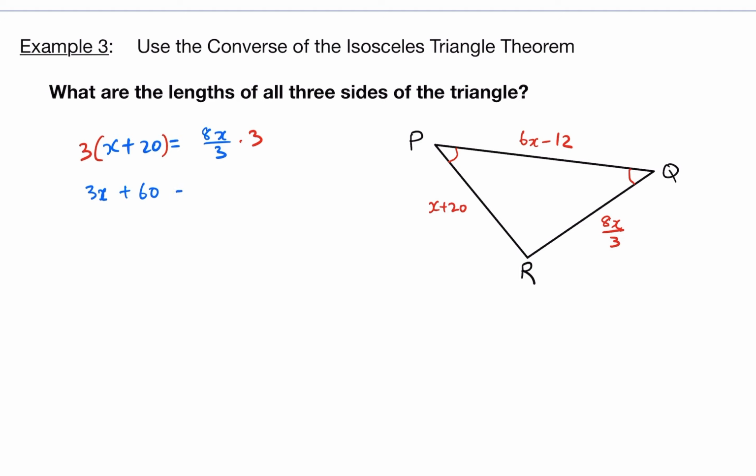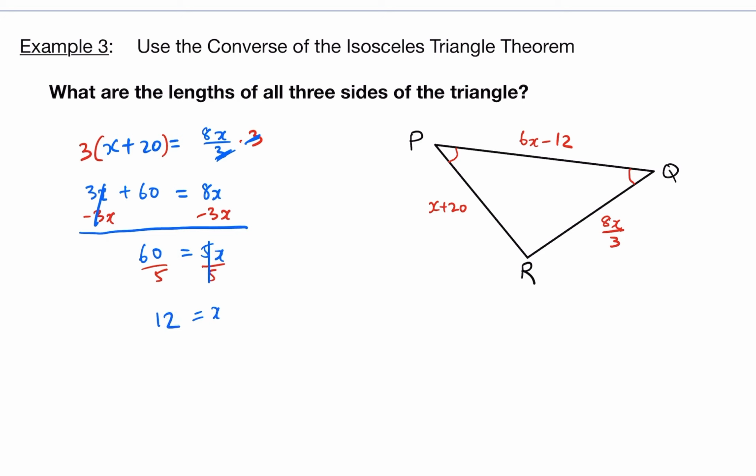And that is equal to 8x, because these 3's cancel out. Then we're going to subtract 3x from both sides, and these cancel out. We're left with 60 is equal to 5x. Then we divide both sides by 5, which cancels out the 5's, and we find that x is equal to 12.